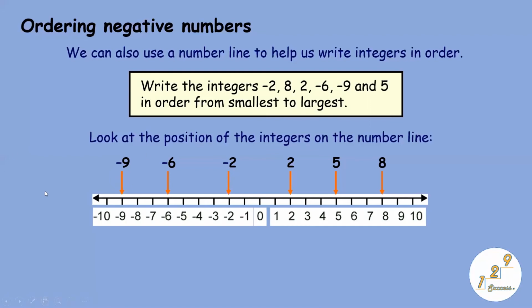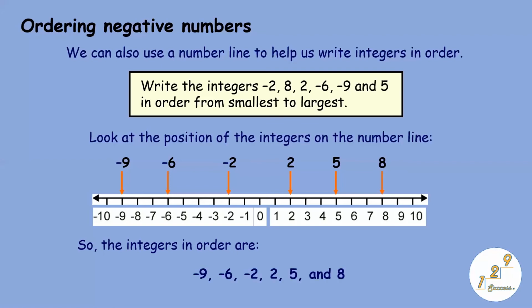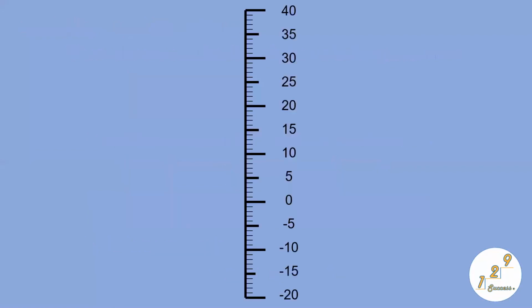Because our smallest number is -9, because it's the one that's most to the left on our number line. -6 is the next largest, then -2, then 2, then 5, then 8 is our largest number because it is the furthest number to the right. And that means that it's the biggest number. So the integers in order are -9, -6, -2, 5, and 8.